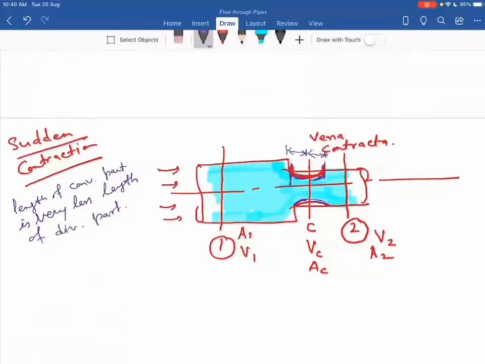So on the basis of this concept, I can write that for the loss due to sudden contraction, the main contribution is due to the expansion from C to section 2. Are you able to understand? The loss due to sudden contraction is mainly due to the expansion of flow from section C to section 2.